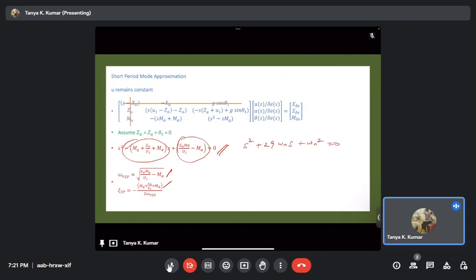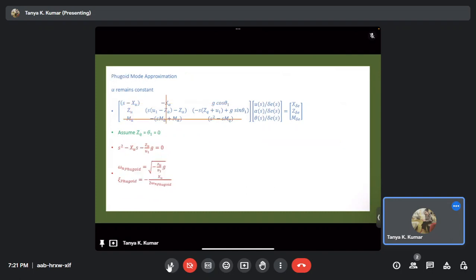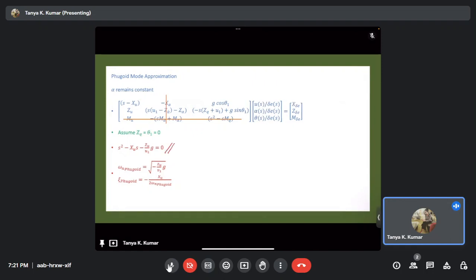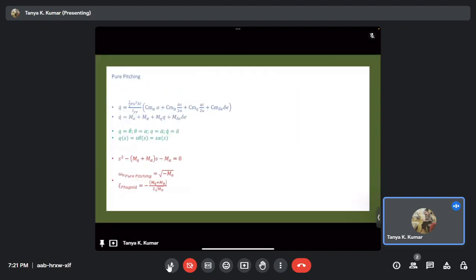Then you have the Phugoid mode or long period mode approximation, where you assume alpha to remain constant. Then your second column in the third row can be neglected, and then again you have a second order equation given by this. Again you compare it to a typical second order equation, and you find out your natural frequency and damping ratio. You have a third approximation, that is a pure pitching approximation.